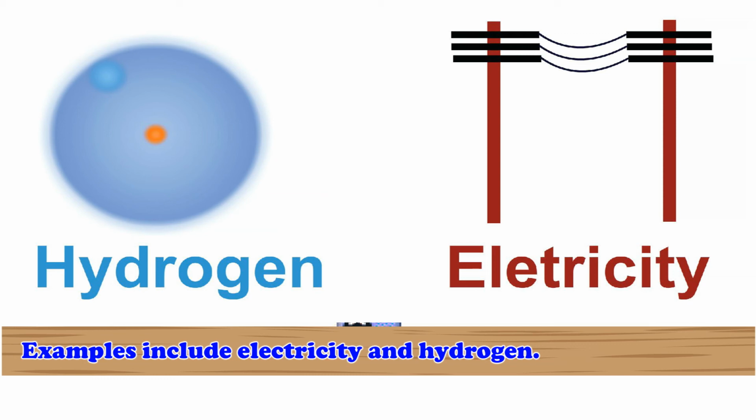Primary energy sources can be classified in 2 groups. Electricity and hydrogen are examples of sources. Clue kit. Secondary energy, non-renewable and renewable, light, sound, energy.